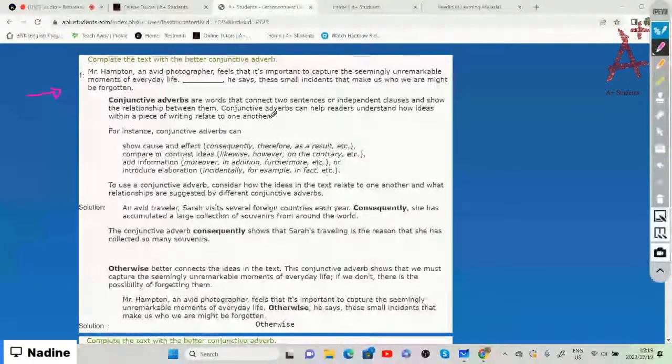All right, so if we're going to reread it and then add our better conjunctive adverb, right? So Mr. Hampton, an avid photographer, feels that it's important to capture the seemingly unremarkable moments of everyday life.